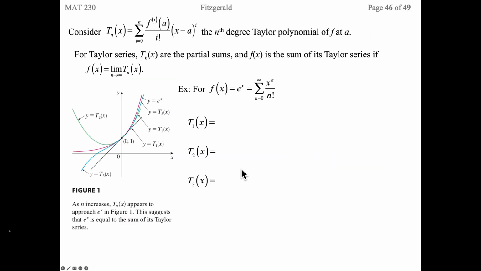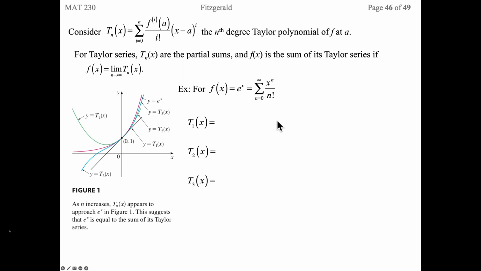Okay, next, let's consider our Taylor series by its definition, and let's look at what we call the Taylor partial sums. This is something we did earlier when we were converging from -1 to 1 and saw how our power series was really matching up with 1 over 1 minus x.